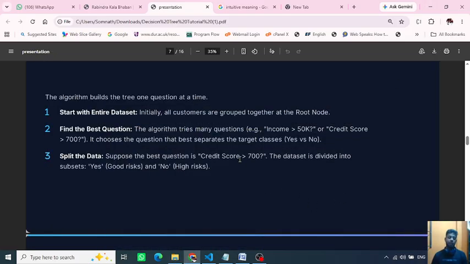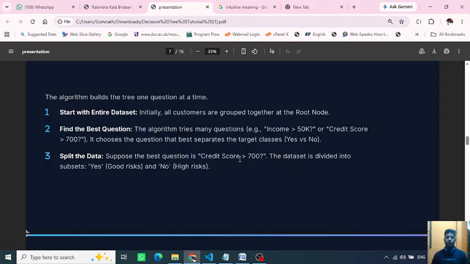I will not write it down here; I will explain in the next session how the decision tree finds the best question. For now, just know that it uses some internal logic or algorithm to find the best question.